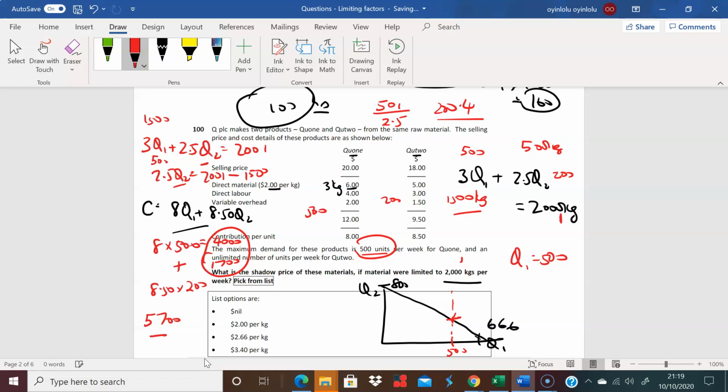So you can make 200.4 units of Q2, technically.